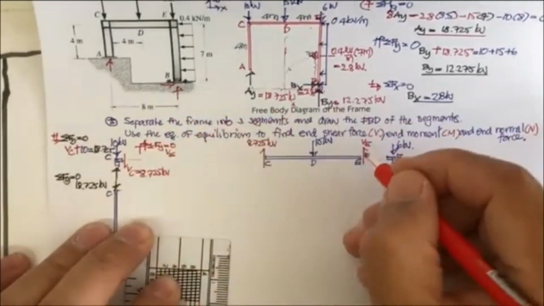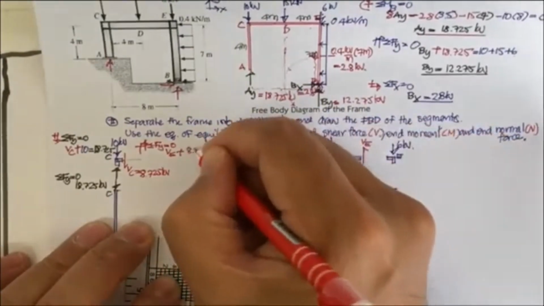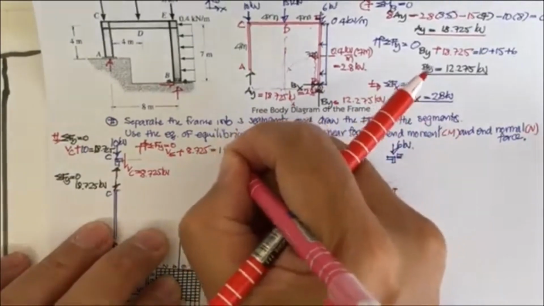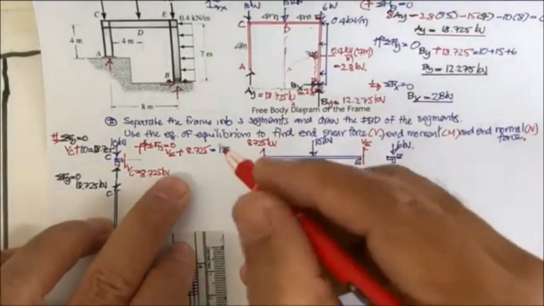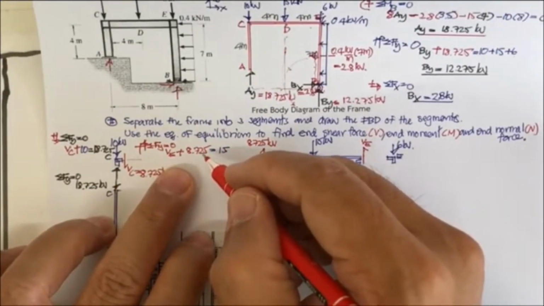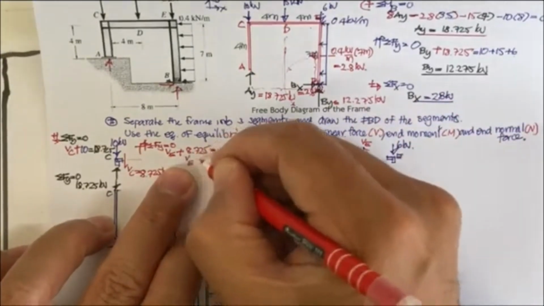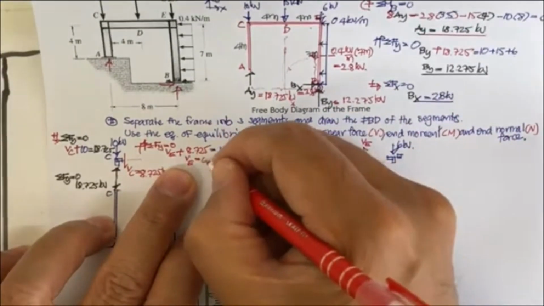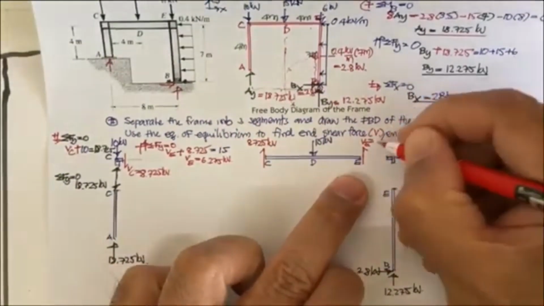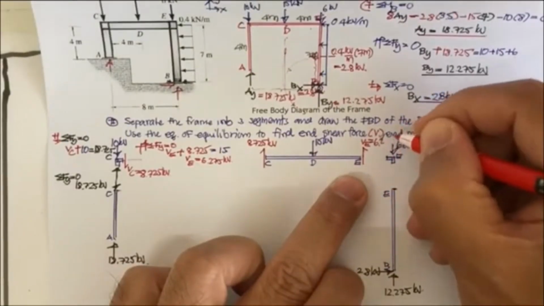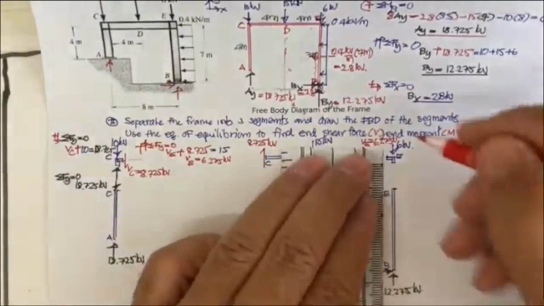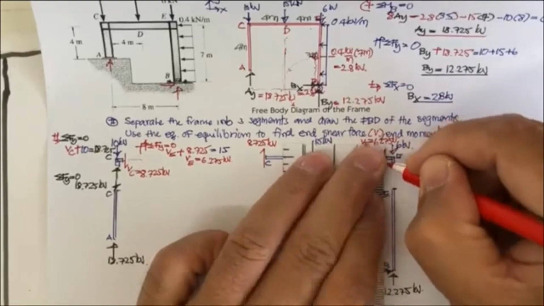So V sub E up plus 8.725 is equal to 15. Then V sub E equals 15 minus 8.725, so V sub E equals 6.275 kilonewton. By Newton's third law, this one is going to be down.